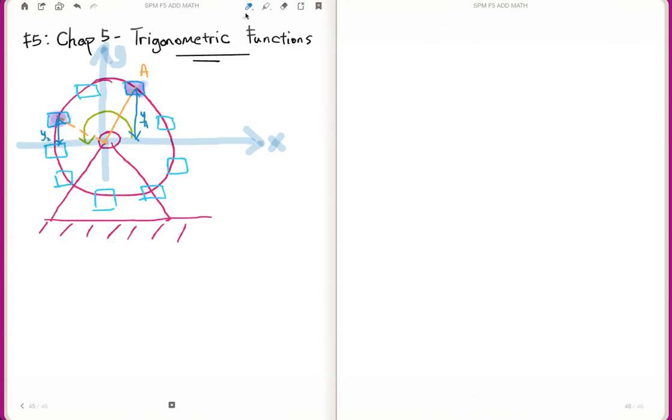What happens when it goes down to here? Then this will be the negative height because it's below the x-axis. This is my y3 for the same A. So it's all about the height from the base. The same is true in trigonometry, because what I'm going to measure is the angle, where the angle is anything measured from the x-axis. This is my 0 degree.